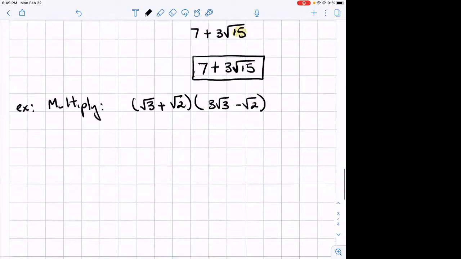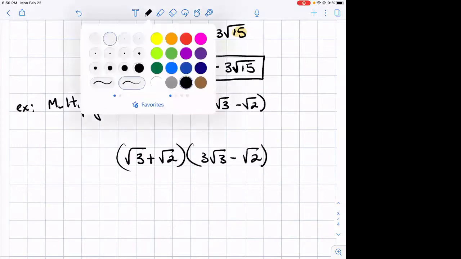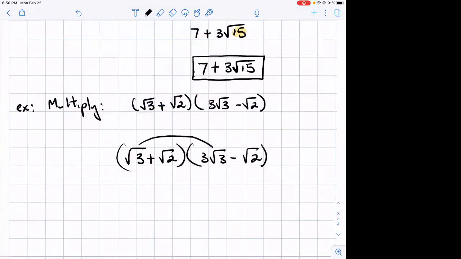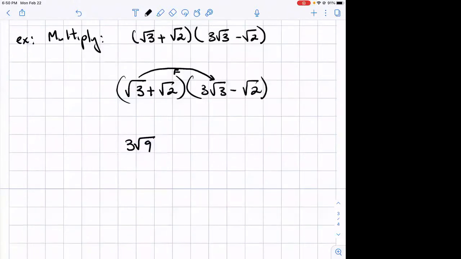Once again, I can rewrite it and FOIL it out because they're two binomials. If we multiply first this times this, that's my first term, that becomes 3 radical 9.